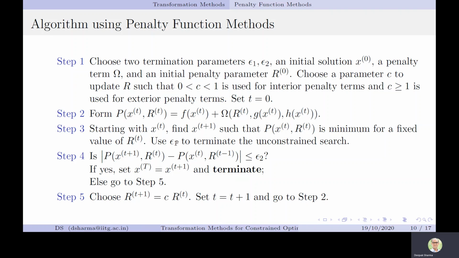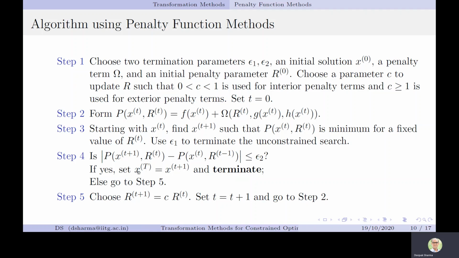Here we can take epsilon1 to terminate the unconstrained search. In step 4, we are going to compare the penalty function at the new point minus the penalty function at the previous point. If both the points are so close to each other, or we can say the penalty function values are so close to each other, that the difference is smaller than epsilon2, we should stop.